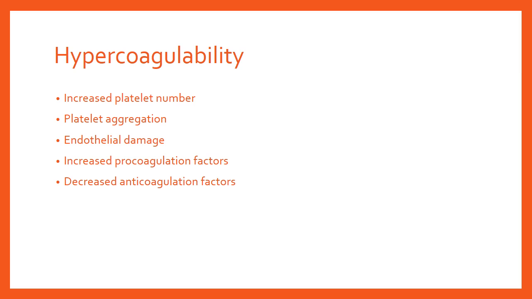An increase in the number of platelets, you have too many platelets in the blood, platelet aggregation, which means platelets are clumping too much together, endothelial damage, and as I talked about, this endothelial damage can result in the decrease of production of several anti-clotting factors such as heparin or even tissue plasminogen activator, and increased procoagulation factors for some reason and decreased anticoagulation factors.